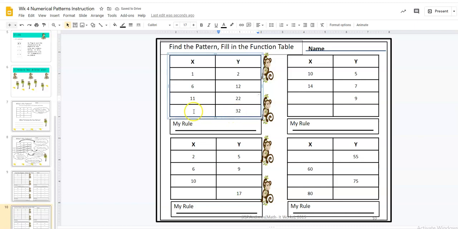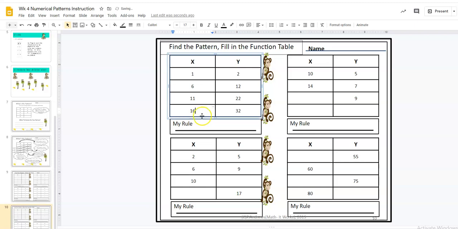Now this one, my x is missing. So I cannot just say 32 times 2 will equal x. That would not be true. I'm going to have to think backwards or use the inverse. I know that 32 divided by 2 is 16. So I would put 16 in my x column.